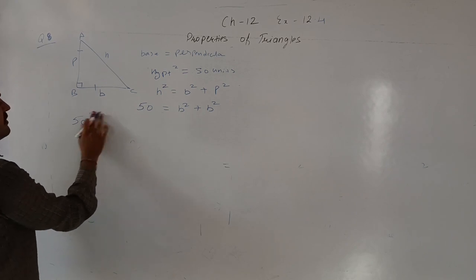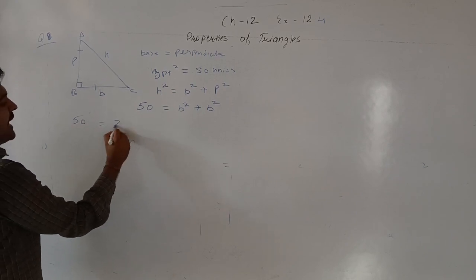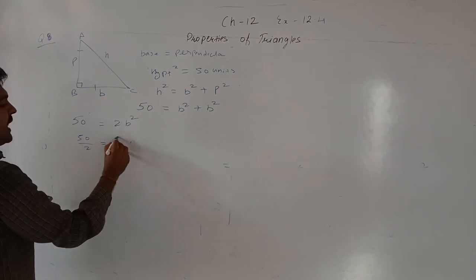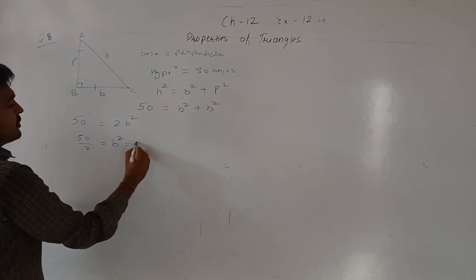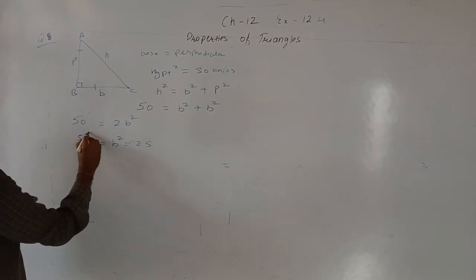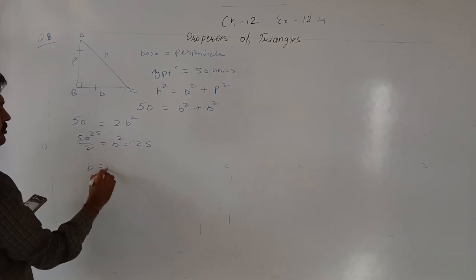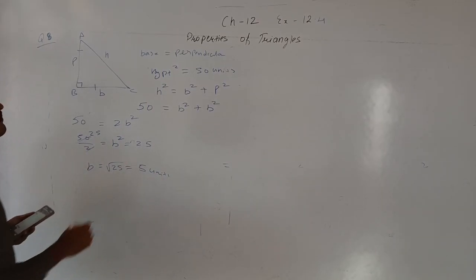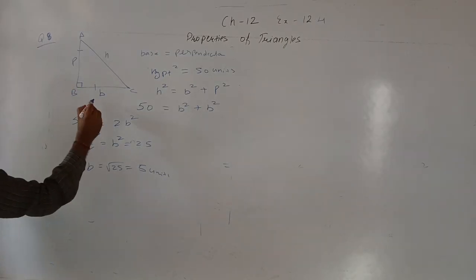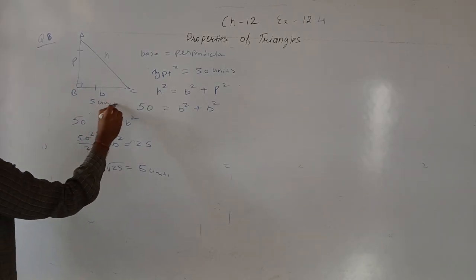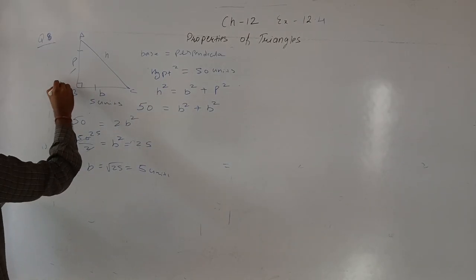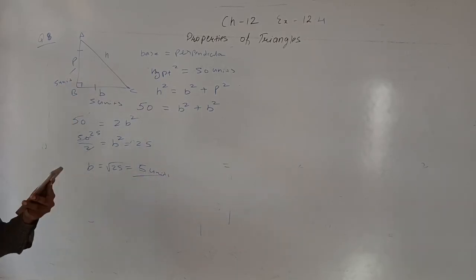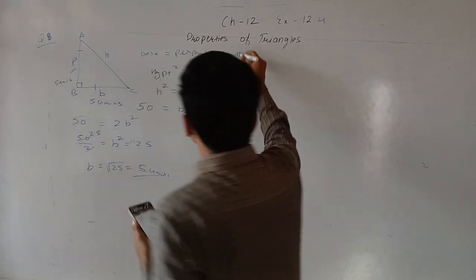So 50 is equal to 2 times base squared. So 50 by 2 is equal to base squared, which is equal to 25, and therefore base comes out to be the square root of 25, which is 5. 5 units is the base, and base is equal to perpendicular, therefore perpendicular is also equal to 5 units because it's an isosceles right angled triangle.